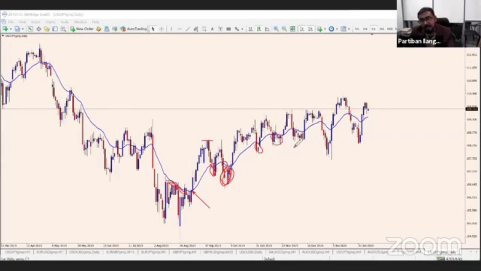You can see the buyers are defending it very, very well. And the sign was, every time they hit the moving average, the price was creating a new high. Because they could not create a new high, it dropped lower, attracted more buyers, and then the price shot up higher.